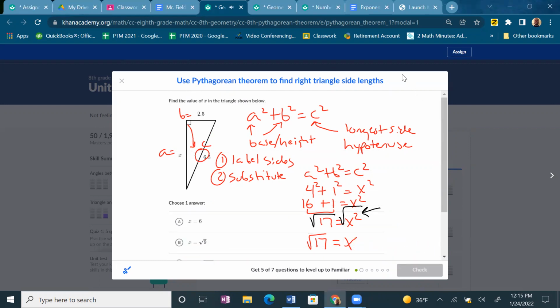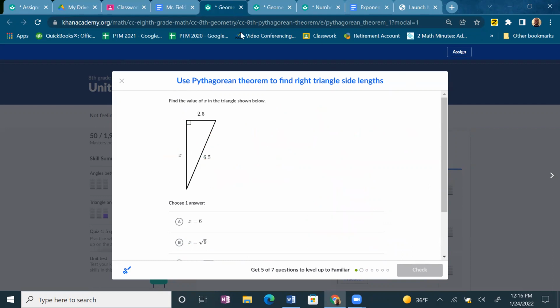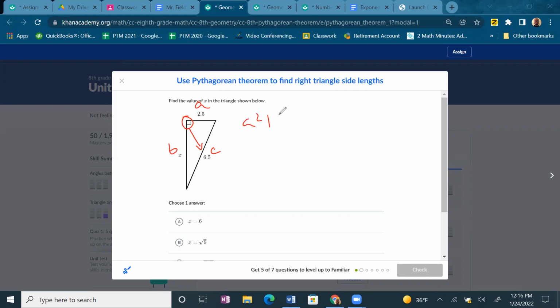Let's do another one. This is a good one to do as well, because when I label the sides, I see the right angle. The side across from it is c. After that, let's just make one of them a, one of them b. Write the formula, and then substitute. 2.5 squared plus x squared equals 6.5 squared.